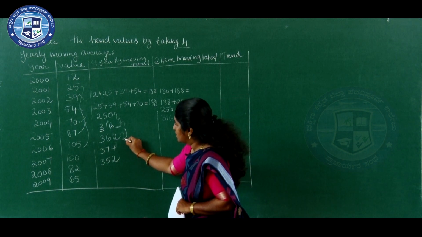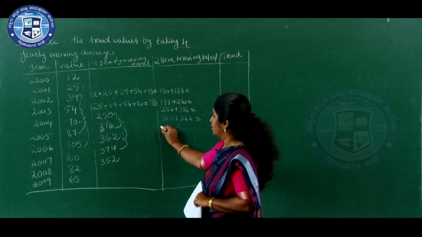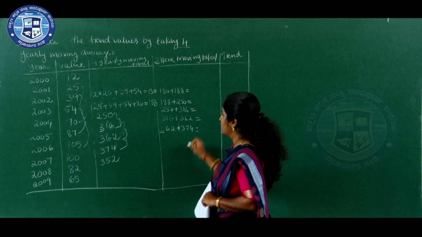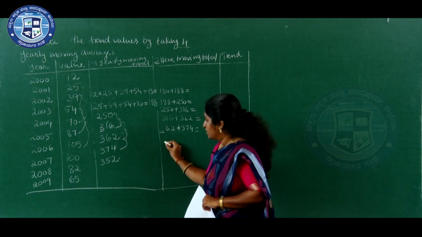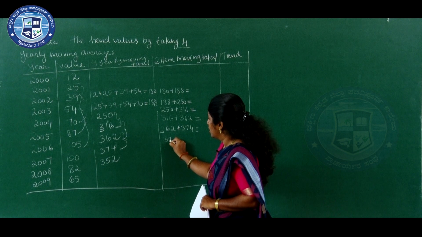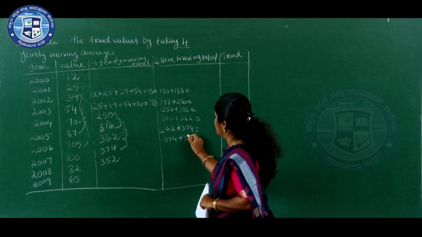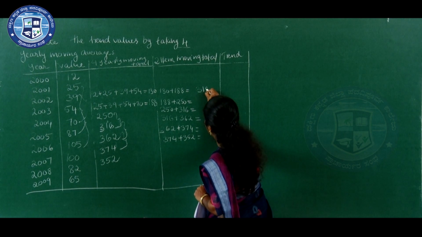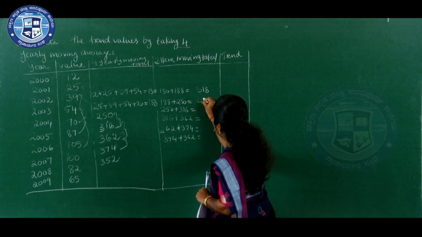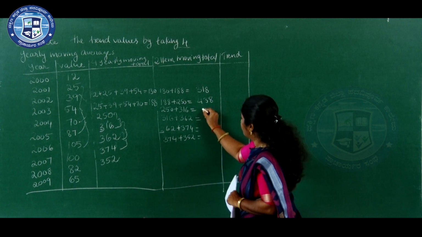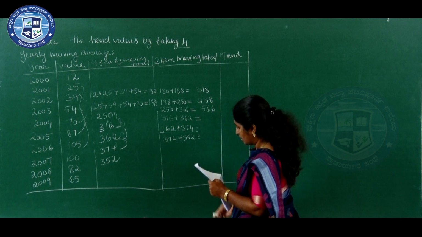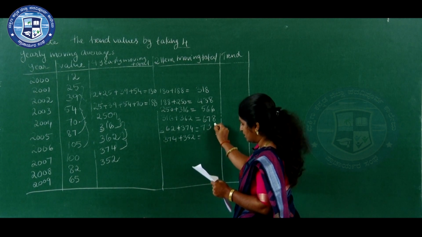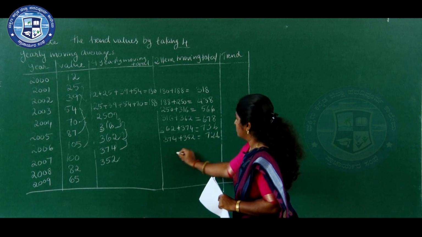Next is 362 plus 374. Next, the last 2 values, that is 374 plus 352. So your answer is 318, first one, then 438, then 566, 678, 736 and 726.